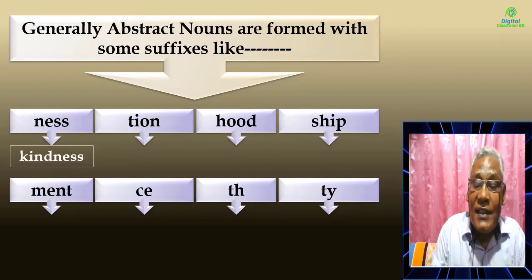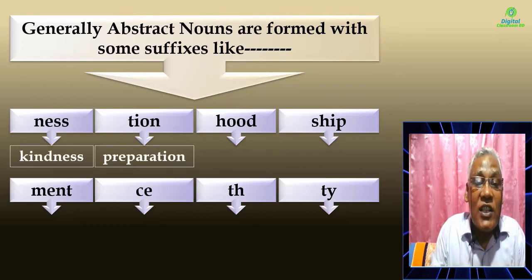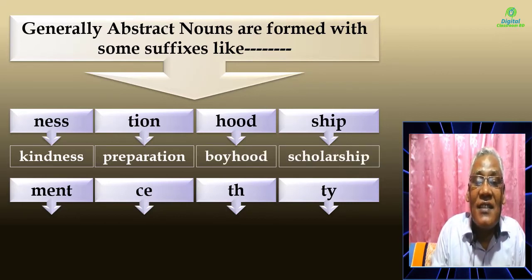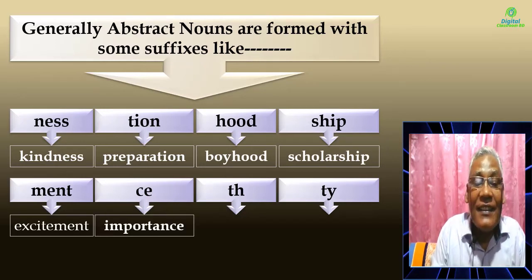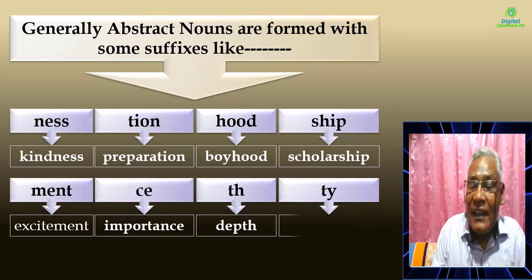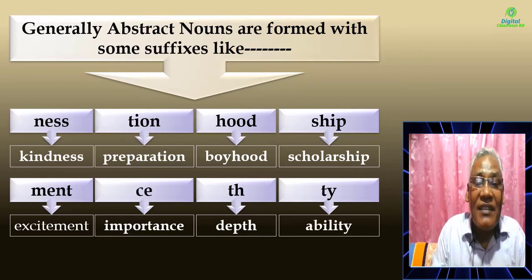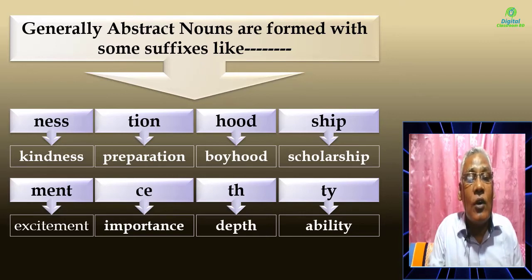Kindness and preparation, boyhood, scholarship, excitement, importance, depth, ability. Have you noticed all are abstract nouns? And how is the abstract noun formed here?